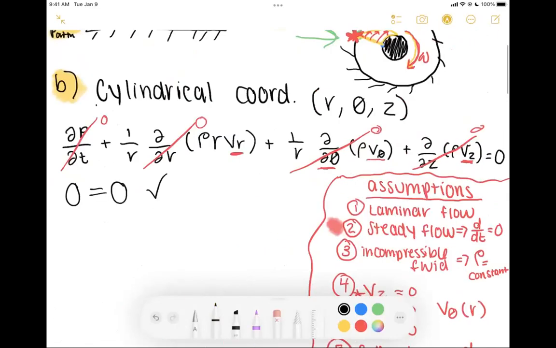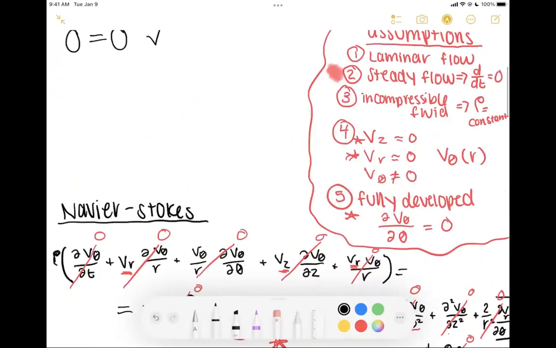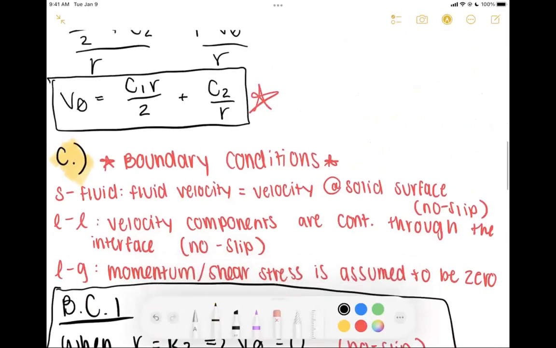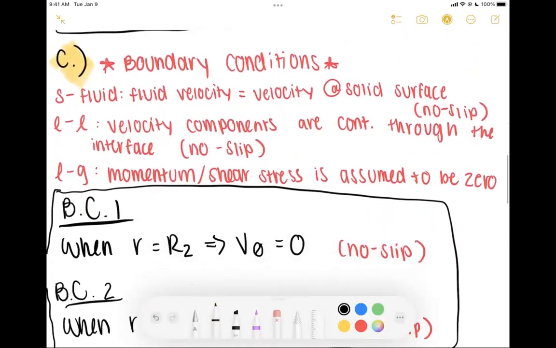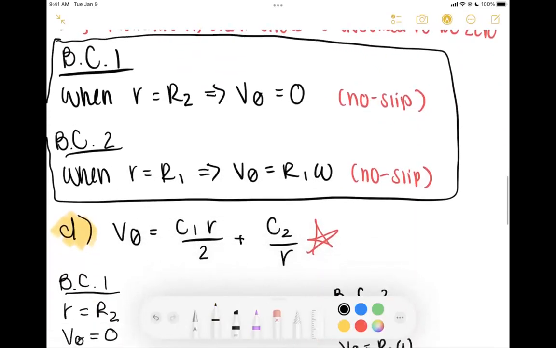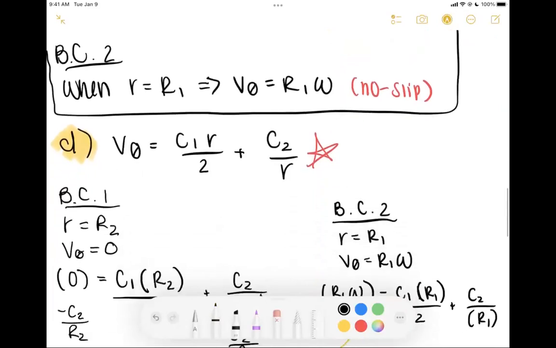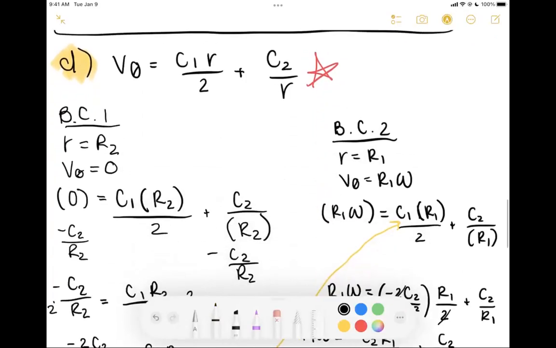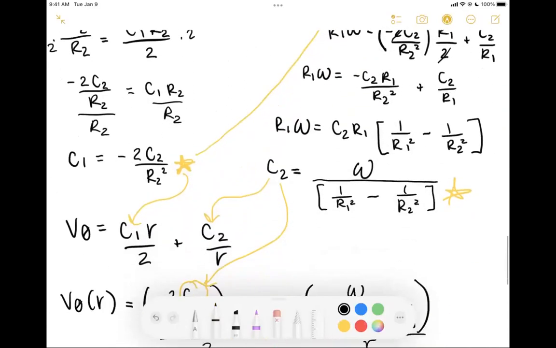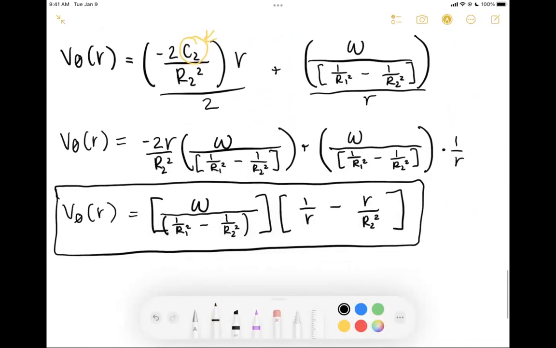I did that here, and got a velocity of theta. Then we stated our boundary conditions needed to solve for the velocity as a function of position, which happened here. And last but not least, we solved the differential equations for the lubricant velocity profile and ended up with our final answer here.